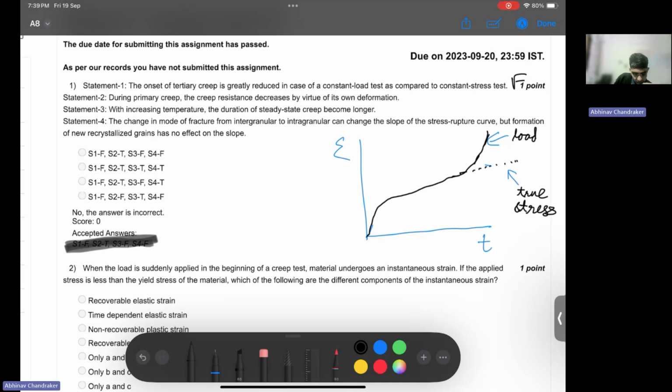Statement 2: during primary creep, the creep resistance decreases by virtue of its own deformation.